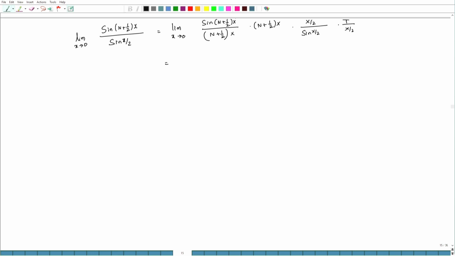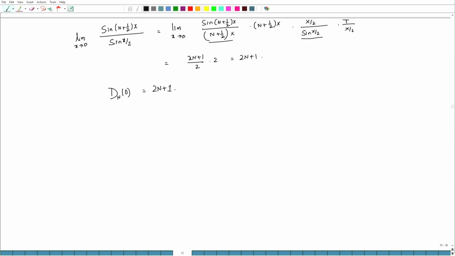So, this term goes to 1, this term goes to 1, x gets cancelled. So, this is (n plus 1/2) into 2, which is equal to 2n plus 1. So, this means D_n of 0 is 2n plus 1.